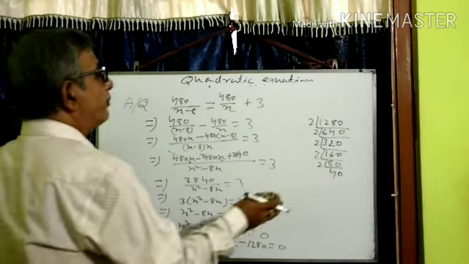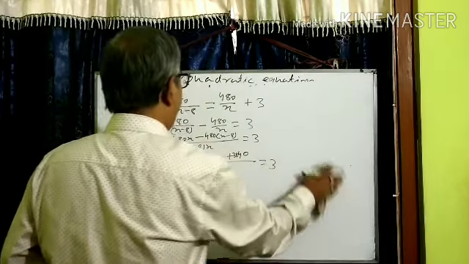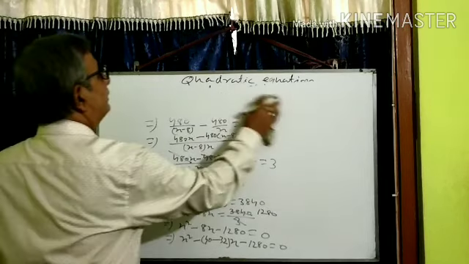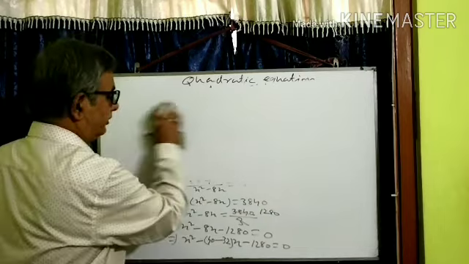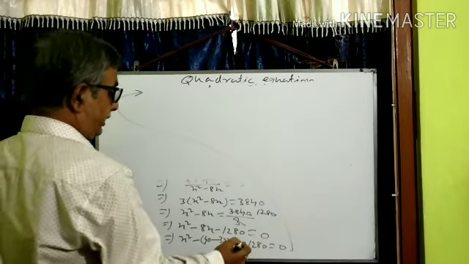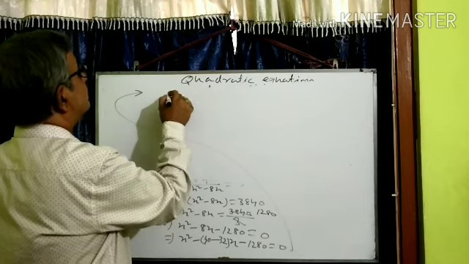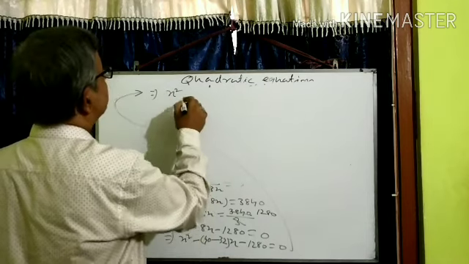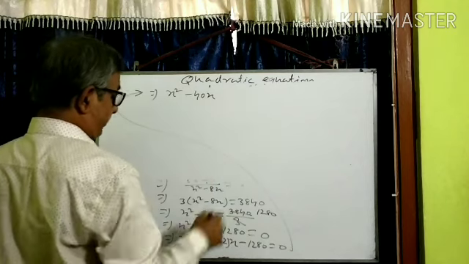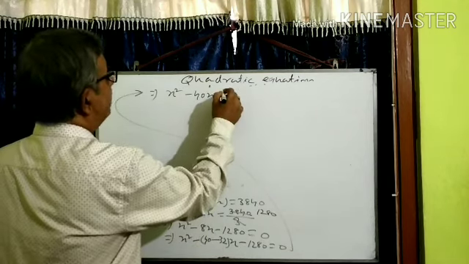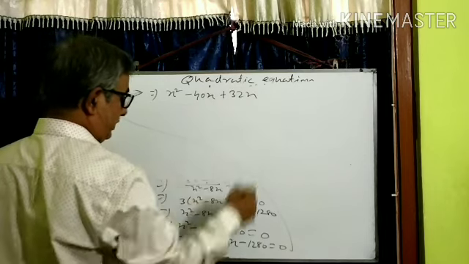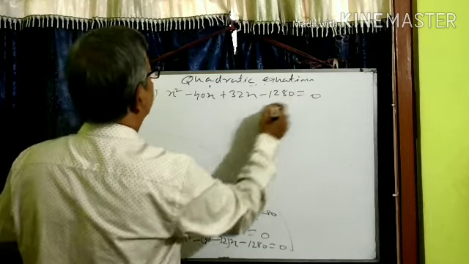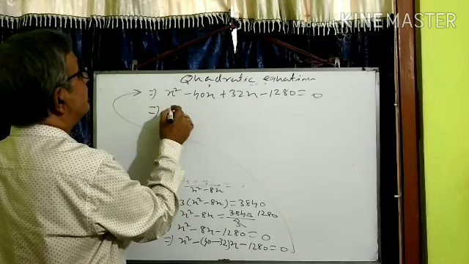Now I don't have space here, so I am rubbing here. Here you see x square minus 40x plus 32x minus 1280 is equal to 0. Dear friends, you take something common.